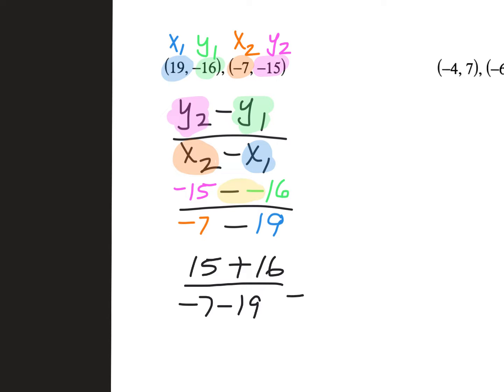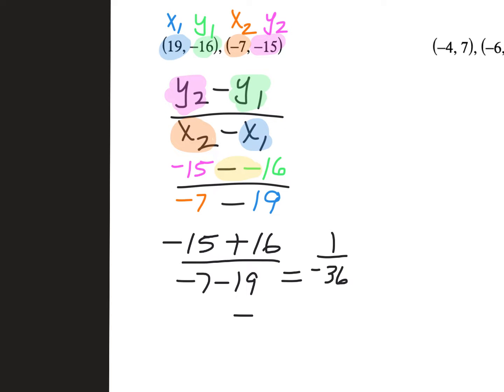So 15 plus 16 is 31. Oh, I'm sorry, I realized I forgot to bring my negative. So that's your negative. So negative 15 plus 16 is positive 1. Negative 7 minus 19 is negative 36. And because a positive divided by a negative is a negative, that means your overall slope is going to be negative 1 over 36.